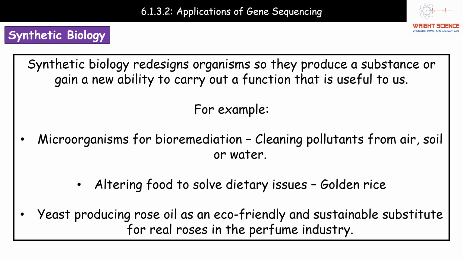And there's some great examples of this, and some of these you will have heard about, even going back to GCSE. So one of the ones you probably heard about at GCSE was golden rice. So this is looking at taking one of those staple foods from around the world, rice, but modifying it to solve a problem for us. And the golden rice was all about solving the issue of the lack of vitamin A in people's diets in certain countries, leading to increased rates of blindness, particularly in children.